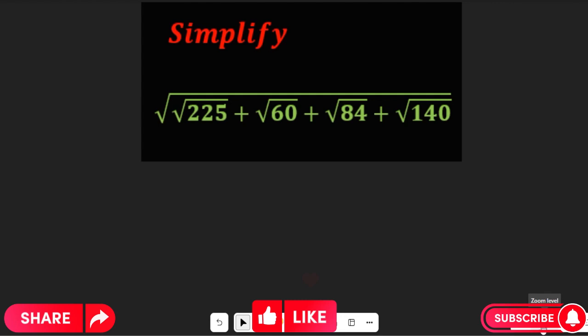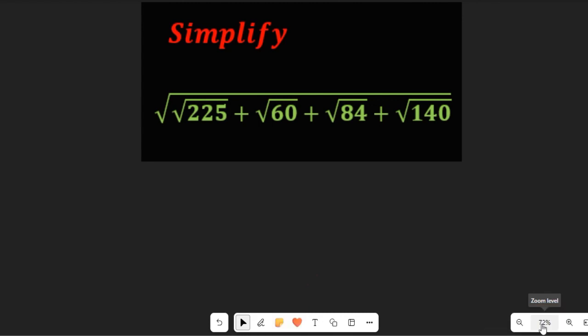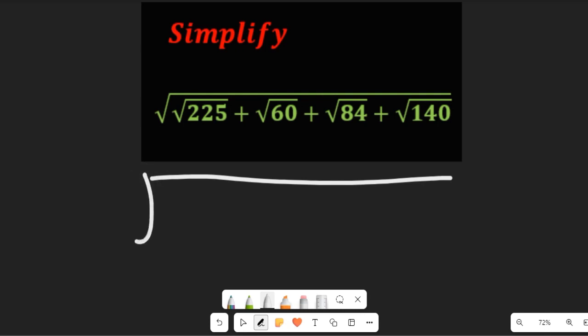Now to solve this expression, we can see that 225 is a perfect square, and the rest we have to simplify in order to have a perfect square and a non-perfect square. Now let's do that. The square root of 225 is 15, plus the square root of 60.